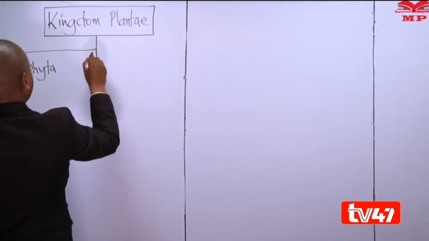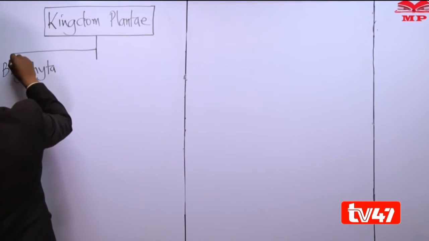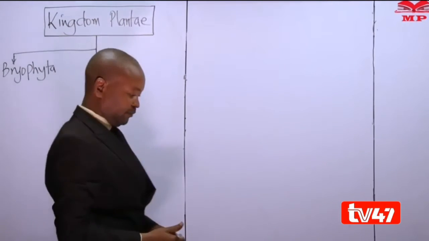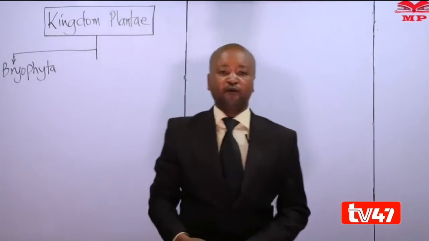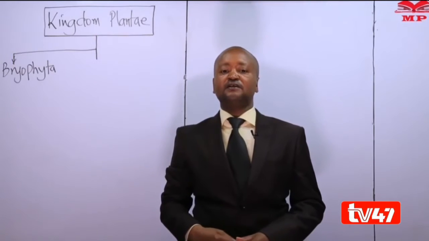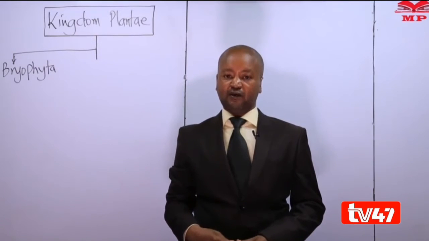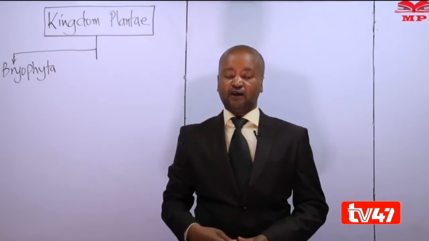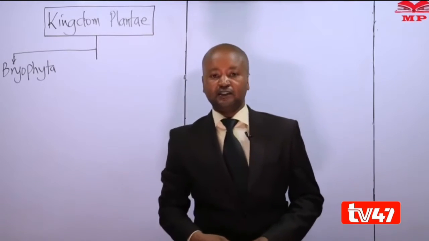Then we have the next one which we are going to look at, and before we look at that one, we have already spoken about Bryophyta. We are saying that the Bryophyta has got some leaves, but it does not have flowers. Yes, it doesn't have flowers.